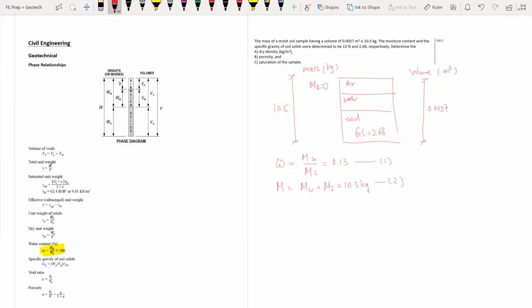If we substitute equation 1 into equation 2, we solve the two equations there.